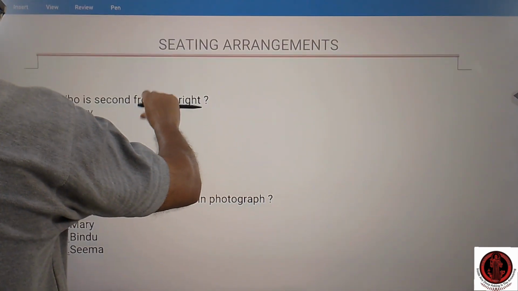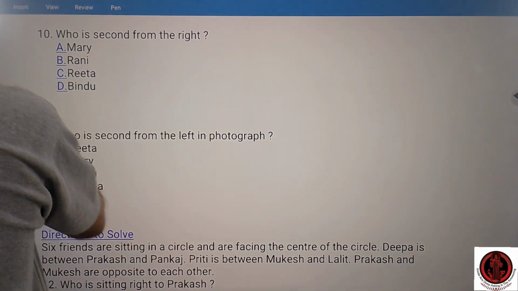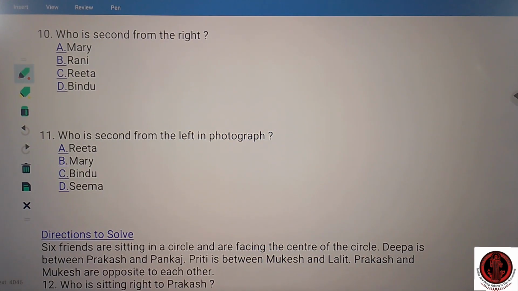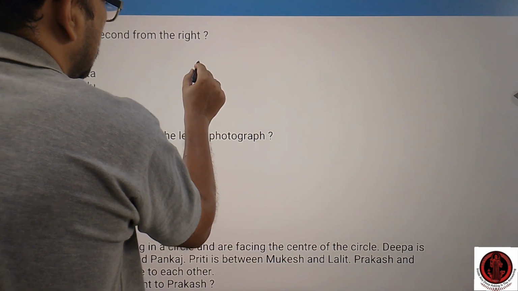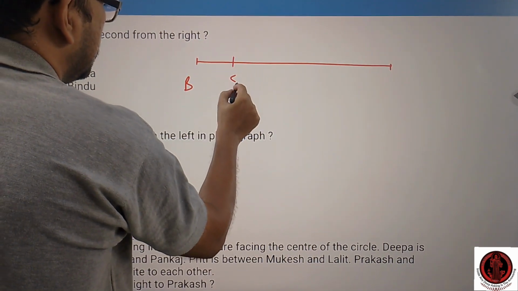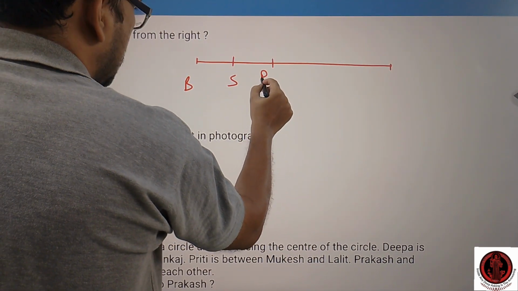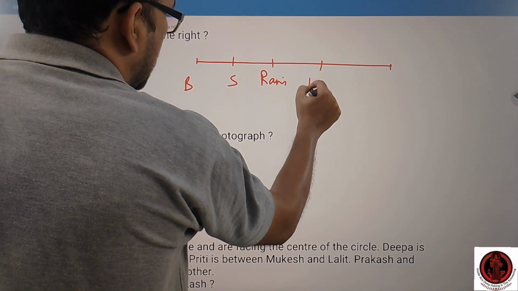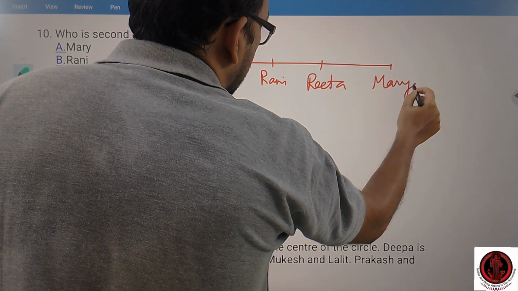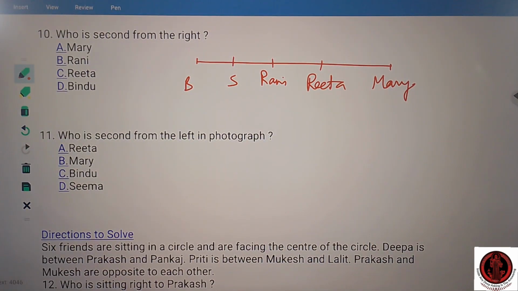Now next question. Question number 10. Who is second from the right? Actually, this is the diagram. Bindu, Shima, Rani, Rita, Mary.